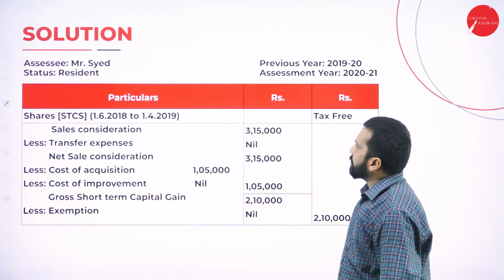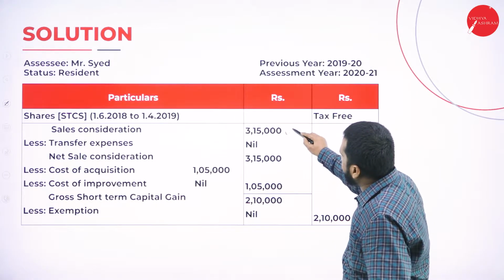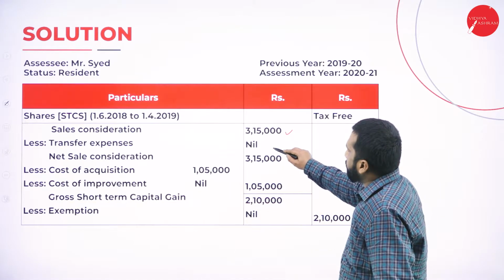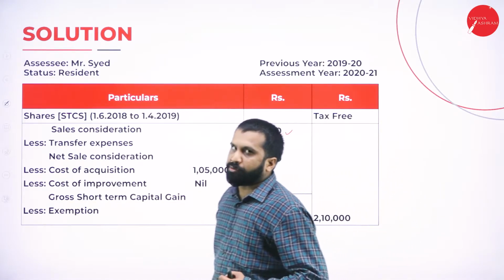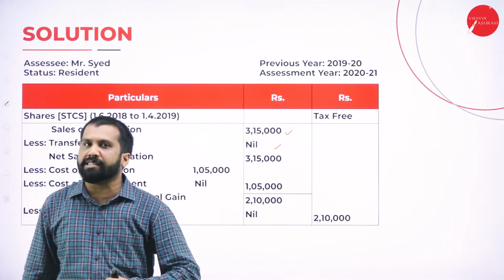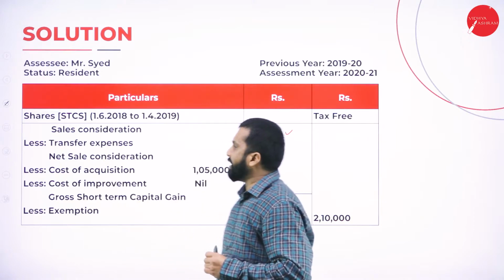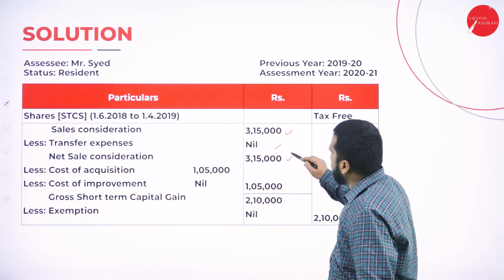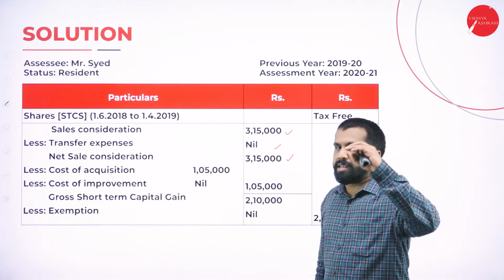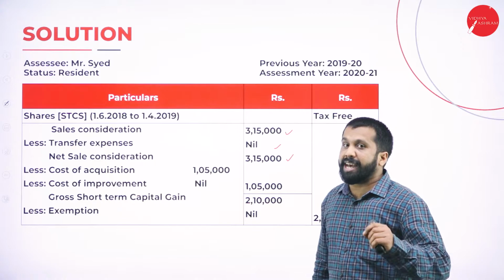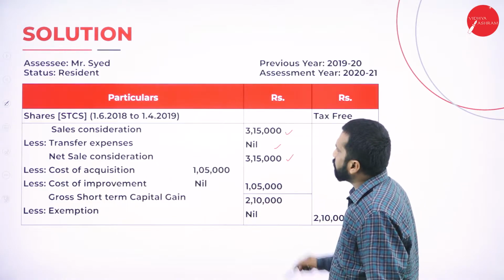As per your answer, shares, 3,15,000 is your cost, less transfer price. What is the transfer price? Any commission paid to the agent, any transaction charges are paid, all comes under transfer price. Net sale consideration, 3,15,000 minus 0, it will be considered as 3,15,000 only.